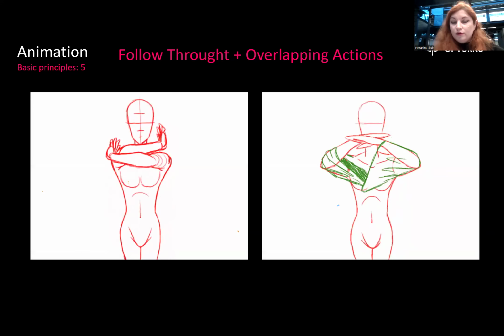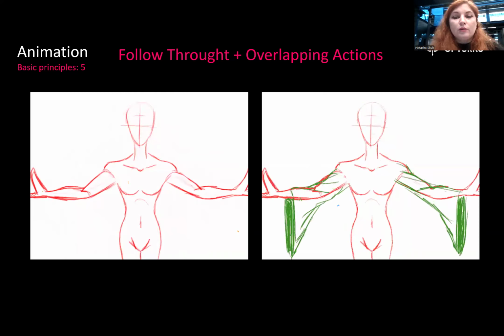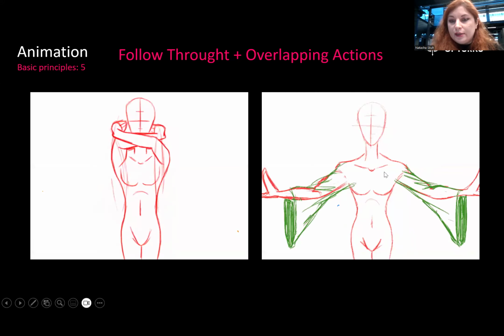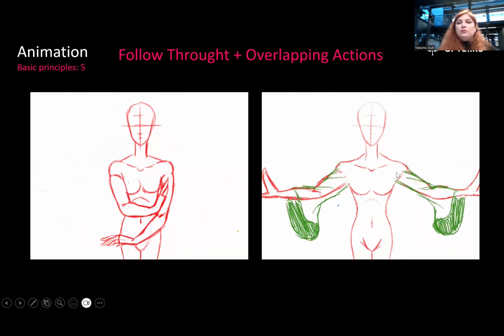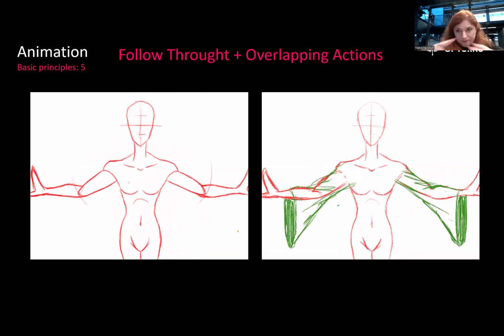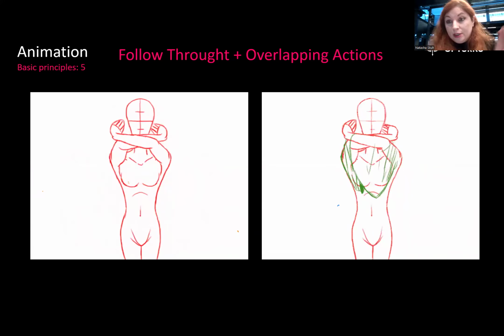So we have a main movement, and the body does its movement. Now, overlapping is the one that is on top. It has clothing on top, and we have these sleeves that are now following the same movement of the object.